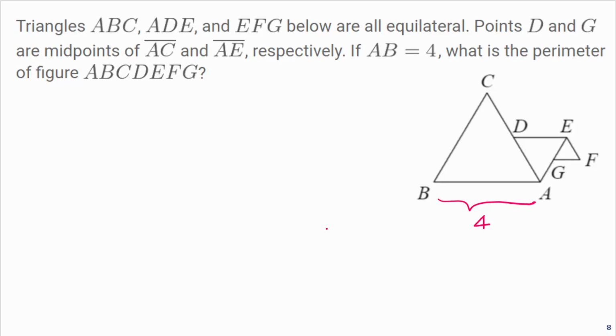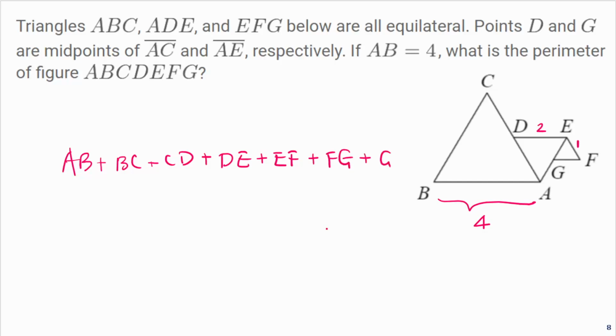Since D is the midpoint of AC, equilateral triangle ADE has side length AB over 2, which is 2, right? And since G is the midpoint of AE, equilateral triangle EFG has side length AE over 2, which is 1, right? Then the perimeter of figure ABCDEFG is AB plus BC plus CD plus DE plus EF plus FG plus GA.